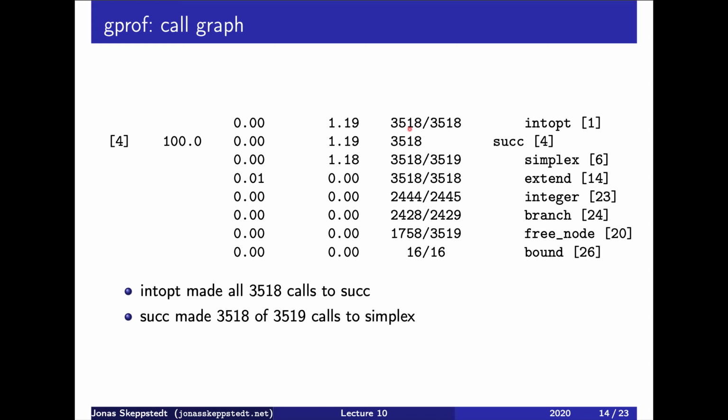Okay, suck calls simplex 3,518 times, and intopt, well, we know it was intopt which also called simplex. So most of them, we know how many times of all that a certain function calls. So those which are above this function are those which call the function, and those below are what this function calls. This can be very, very interesting information. So it's really good to check these things.